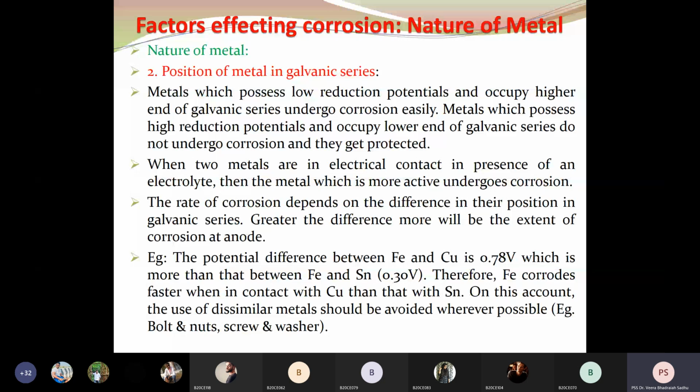So if you bring iron and copper in contact, iron will certainly be corroded more than when you bring iron and tin together, because there is a larger potential difference between iron and copper.